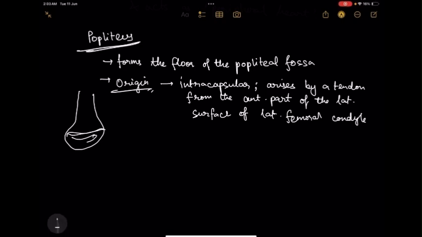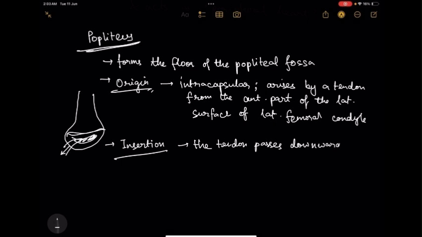So it basically originates from this part inside the capsule by a tendon, and it goes like this. I know it's a bit tedious. Anyway, insertion. You may write the movement of the tendon. The tendon passes downwards and medially, as you can see, between the fibular collateral ligament, I'm just writing in short, and the lateral meniscus.